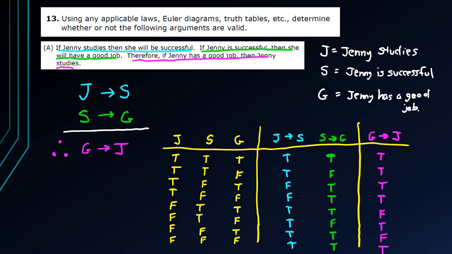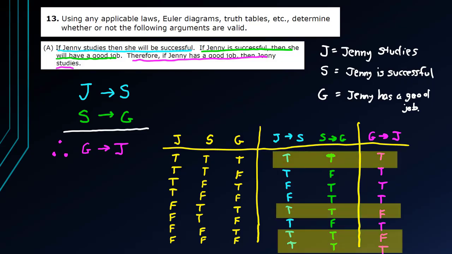Now I have this truth table. How do I use it to determine if I have a logical argument? I'm going to look at the instances where both of these statements are true, and I want to look at the truth value for if G, then J. There are 4 instances where both of these are true. As I check the truth values for if G, then J, I can see that I have 2 of them that are true, but these 2 down here in the middle are false.